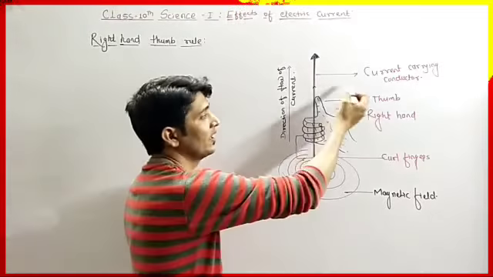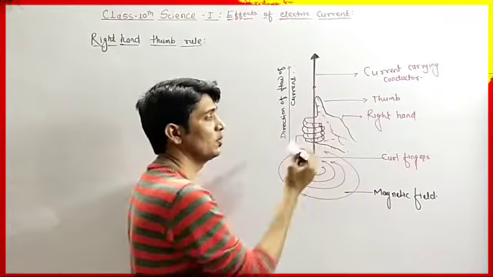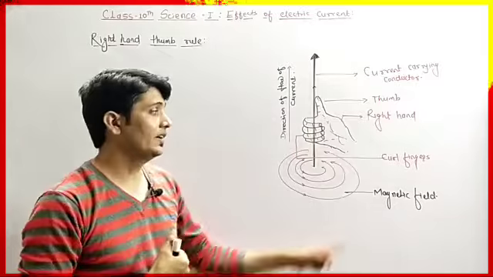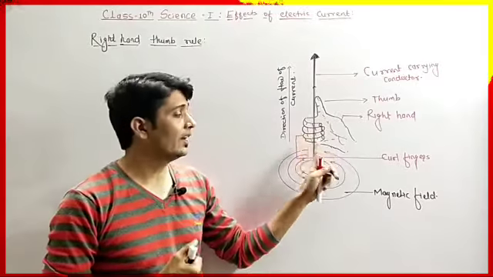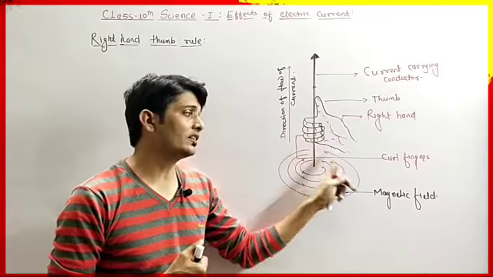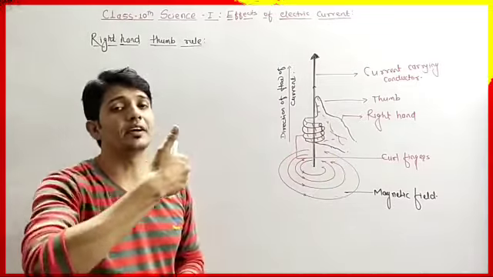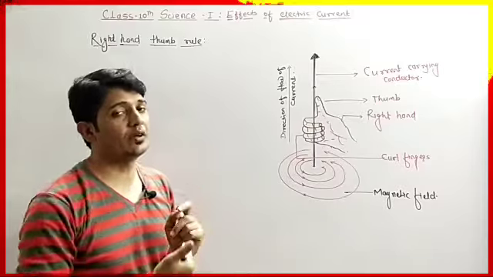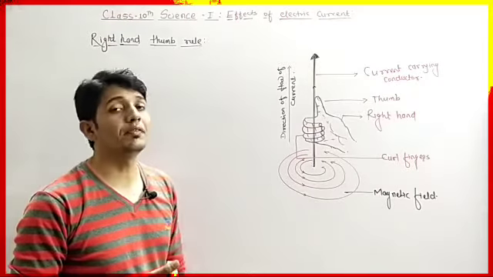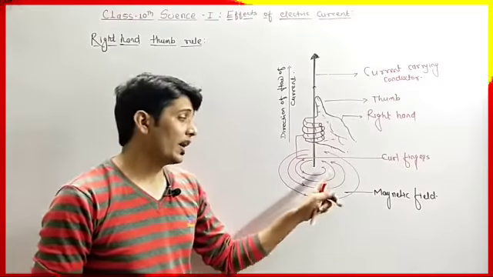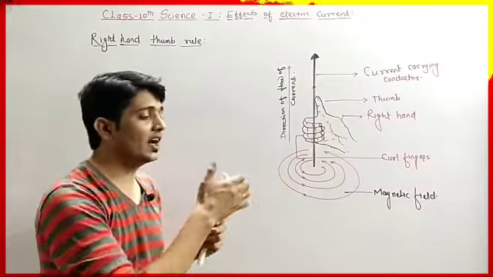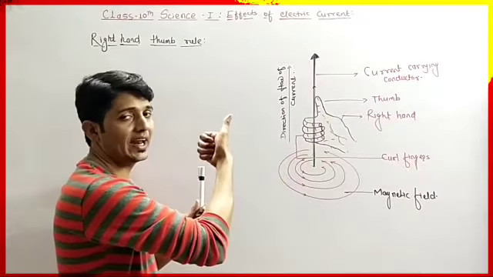This is the thumb of our right hand, this is our hand, and these four fingers are the curl fingers. They are curled like this, that's why we call them the curl fingers. See, the curl fingers are moving in this direction.